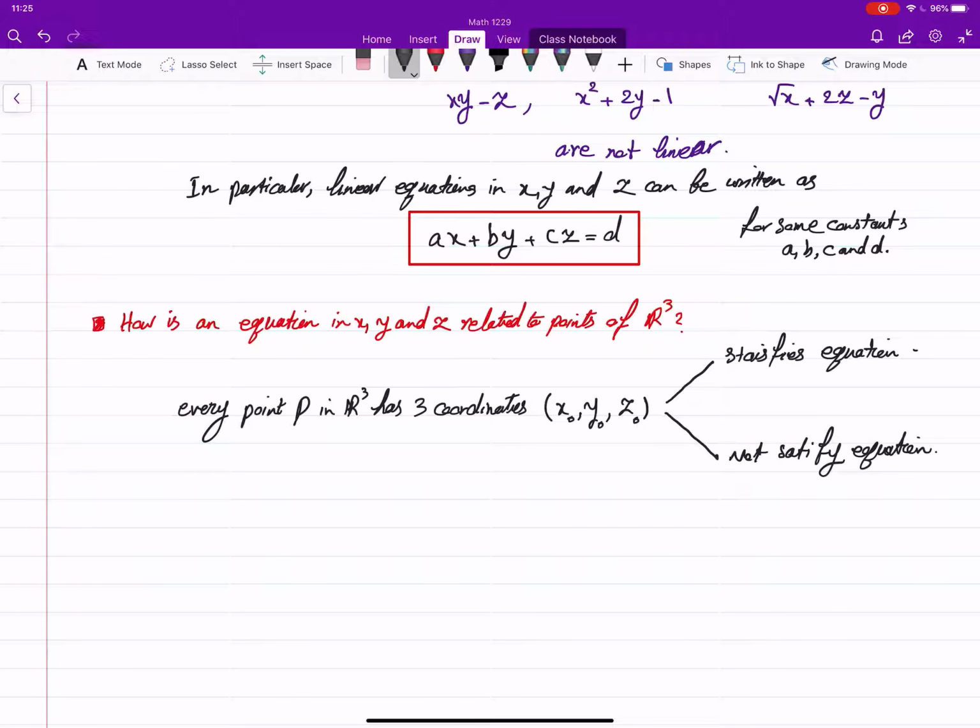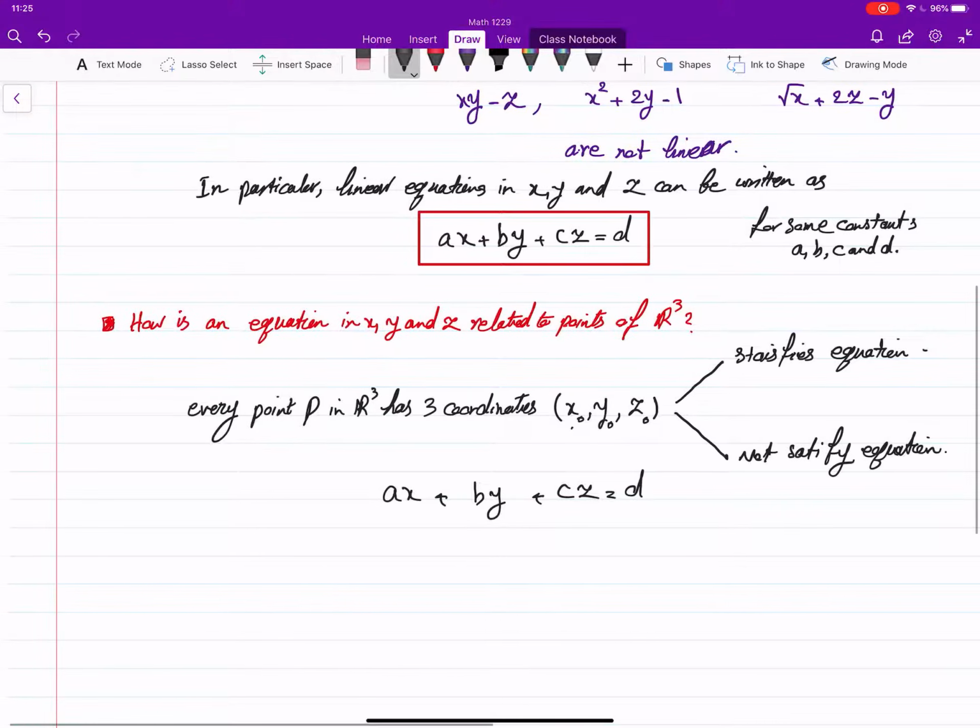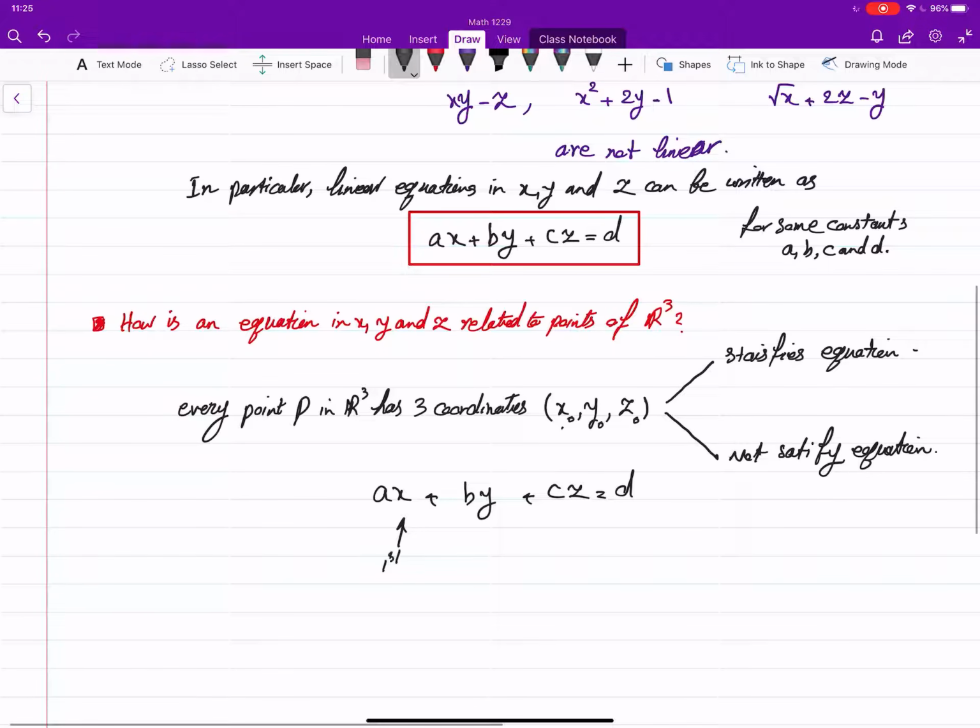Satisfying means what? It means that if you take the equation and plug in the first coordinate for x, the second coordinate for y, and the third coordinate for z, then this equality holds.